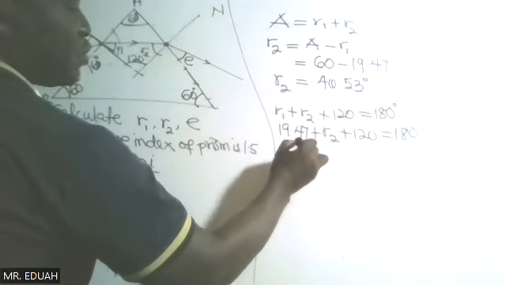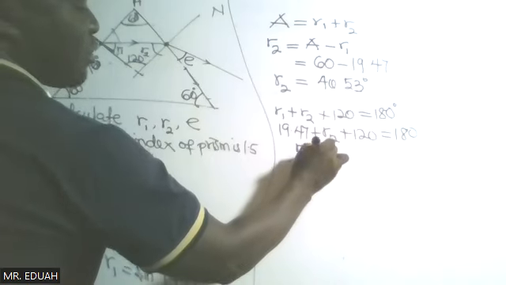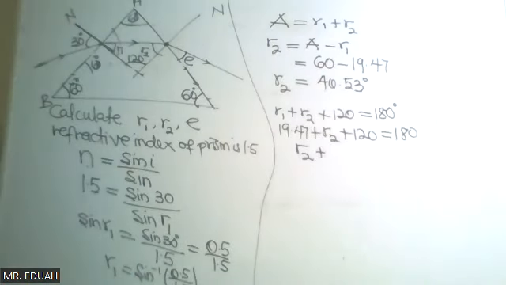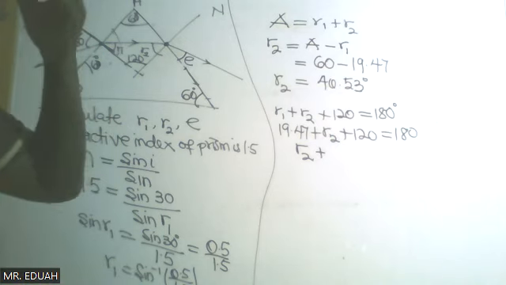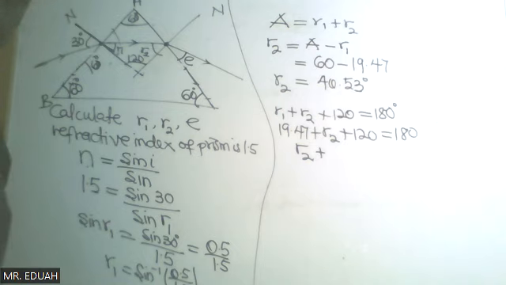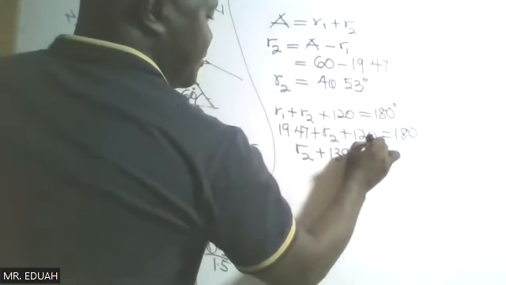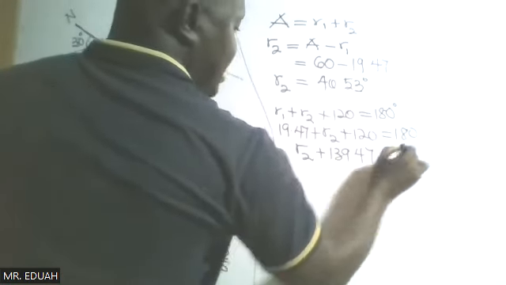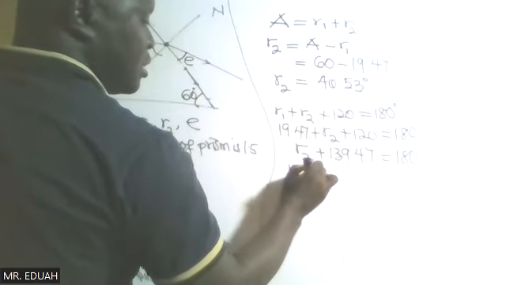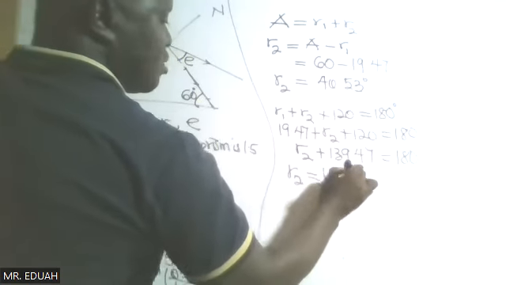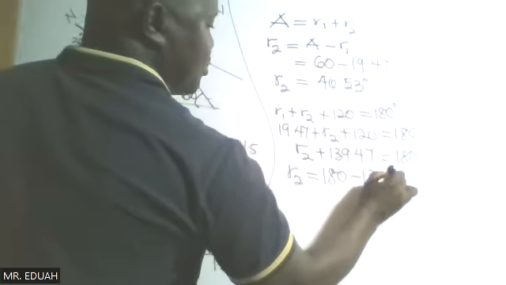What is 19.47 plus 120? 139.47. So R2 will be 180 minus 139.47.